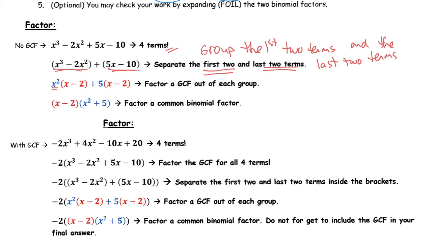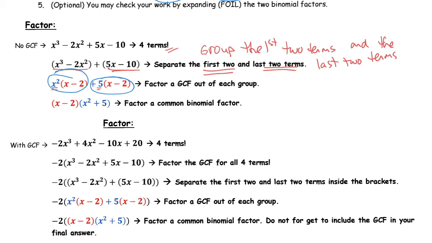So bear in mind, in this first expression, I've got 2 factors, an x squared and x minus 2. Then from the 5x minus 10, I took out a common 5, and that left me with x minus 2. So again, this term has 2 factors. One of them is 5, one of them is x minus 2.